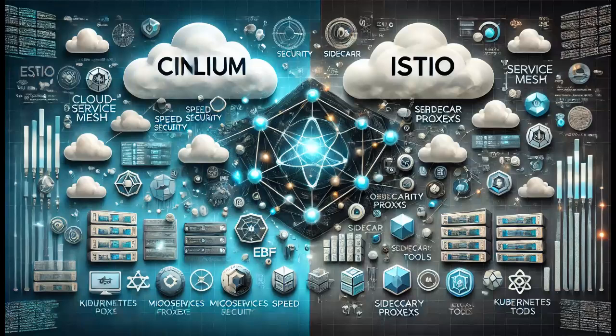I thought that was more Istio's territory. You're right. Cilium's primary focus is on networking and security, but it does offer some lightweight service mesh capabilities. This is a key difference between Cilium and Istio.